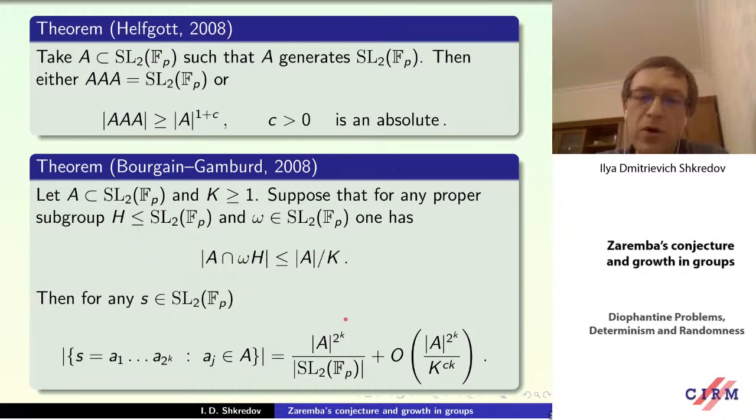So moreover, after an exponential number of steps, we generate SL2 in a uniform way. It means that there is the following asymptotic formula: we have the expectation plus the error term, which depends on this k. So it's a very nice result, but actually it's a consequence of Helfgott's theorem.